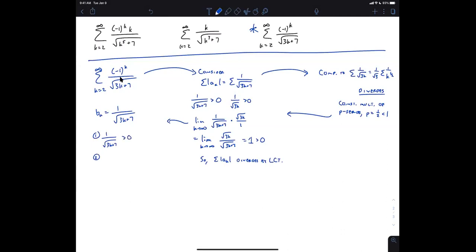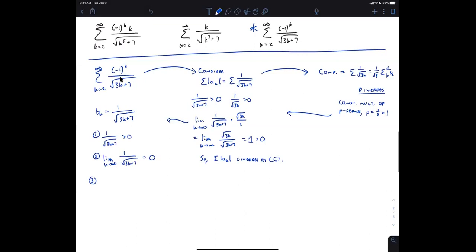The second is that the limit as k goes to infinity of b_k is 0. That's pretty clear here because it's 1 over infinity. And the third thing is that b_k is decreasing.